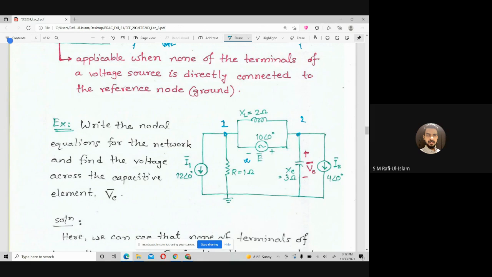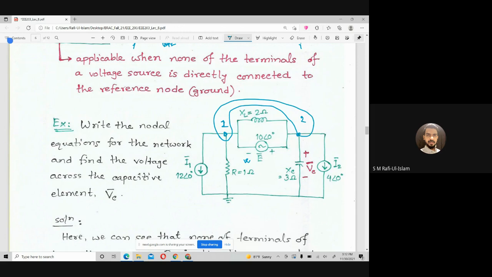To be honest, even without applying the super node, we can solve this. Maybe another day, if you remind me, I will show you how to solve it. But for now, since a voltage source is connected between nodes one and two, our target is to consider these two nodes as a super node.